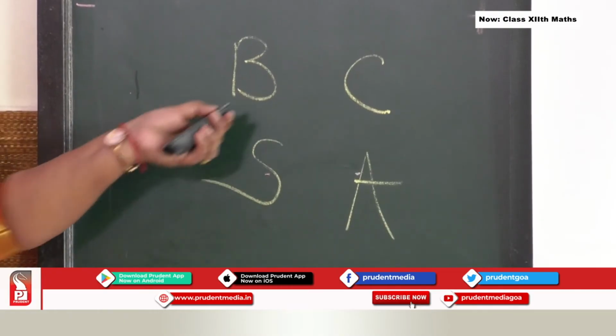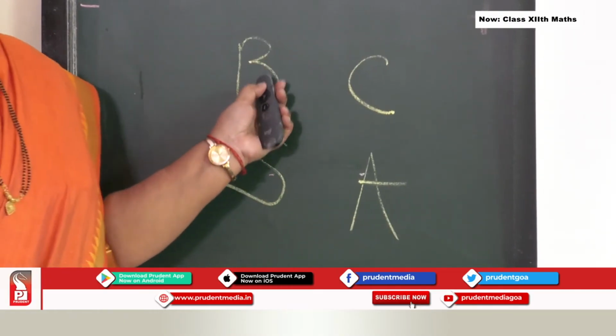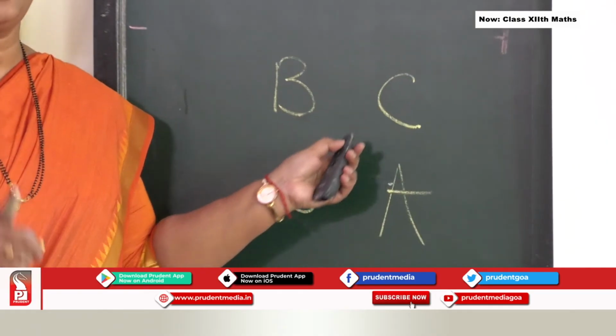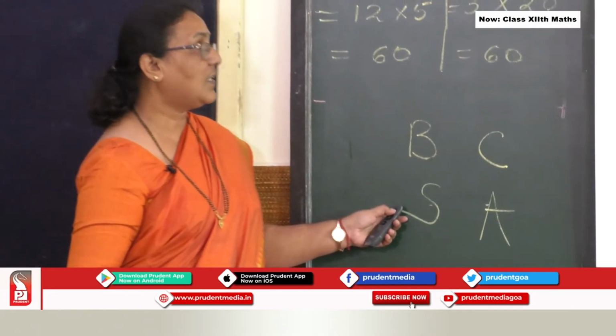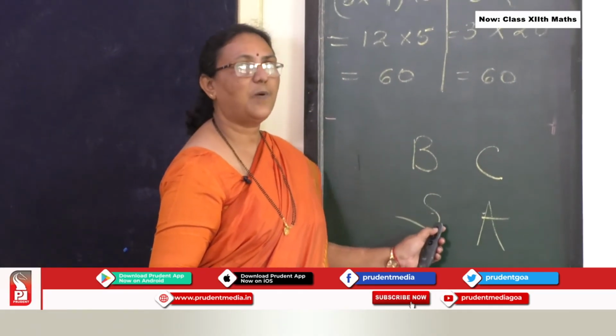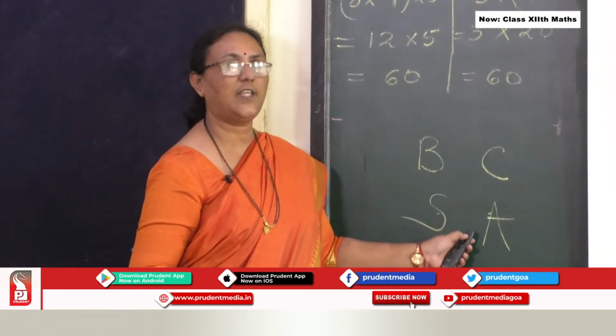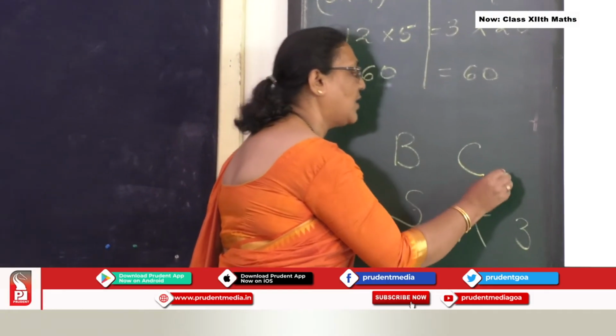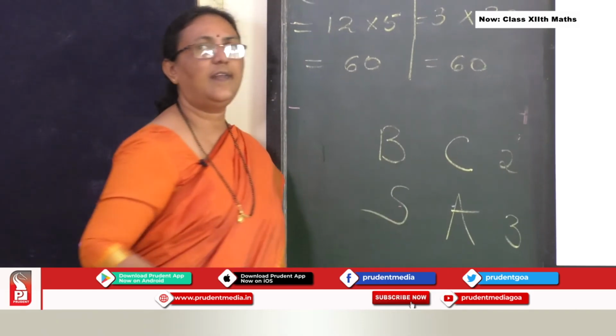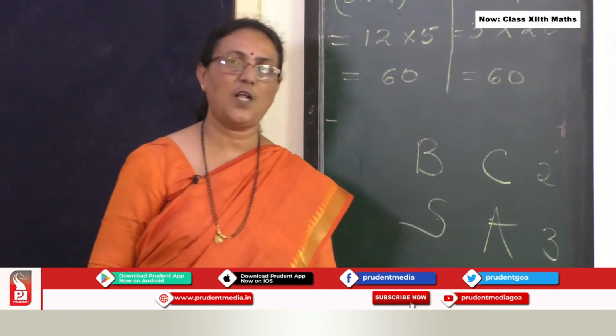So please don't get confused with this. The Bachchan family example was given for commutative, and these three songs example is given for associative. So three things are there in associative, only two things are there in commutative. Is it clear to you all students?